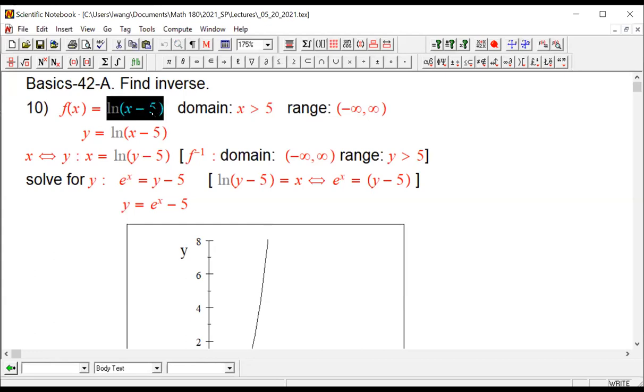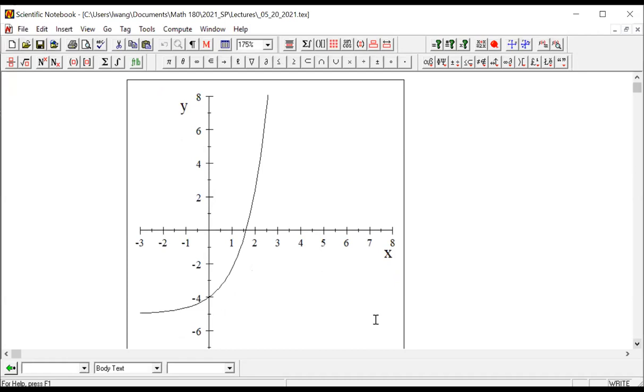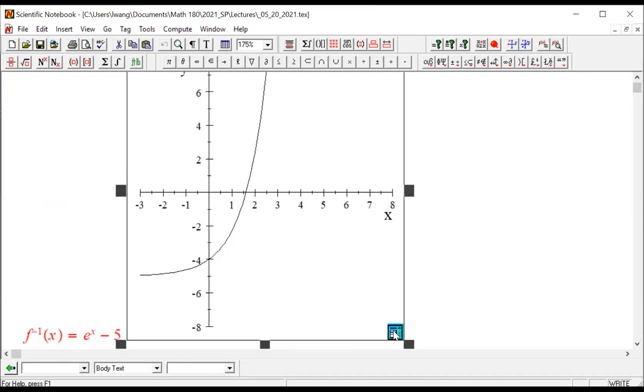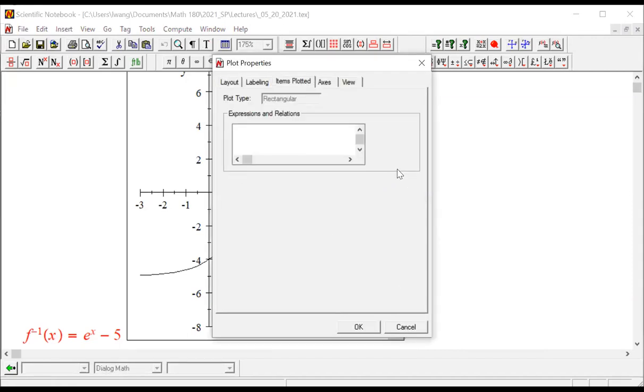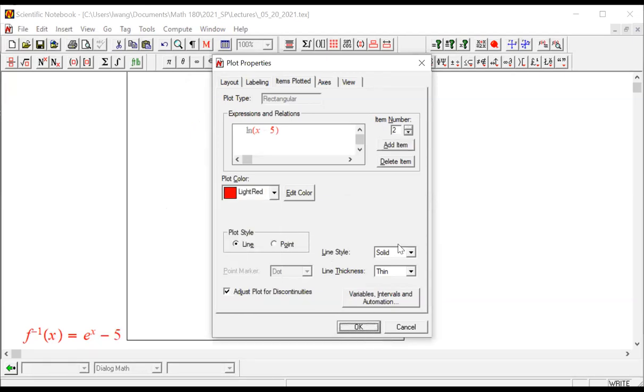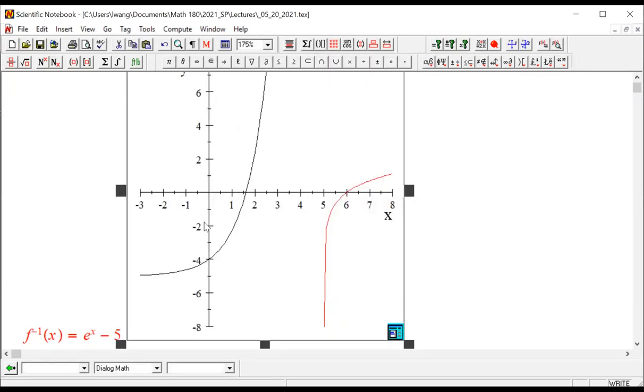So we're graphing the other one. This is ln x shifted right by 5 units. Make it red there. And horizontal asymptote, vertical asymptote, be aware of them. We'll get to them.